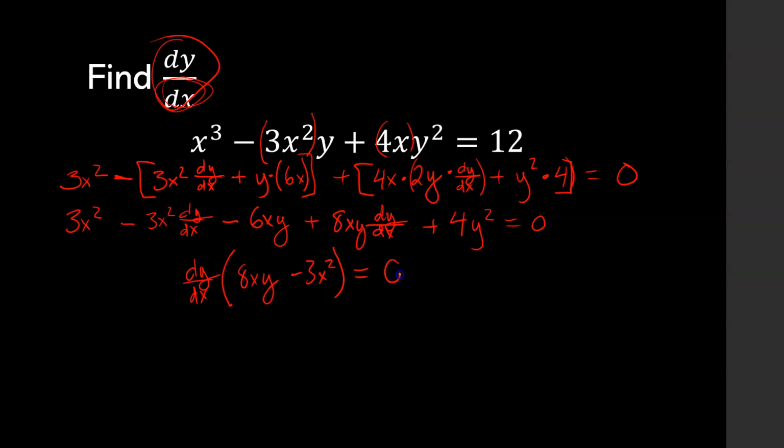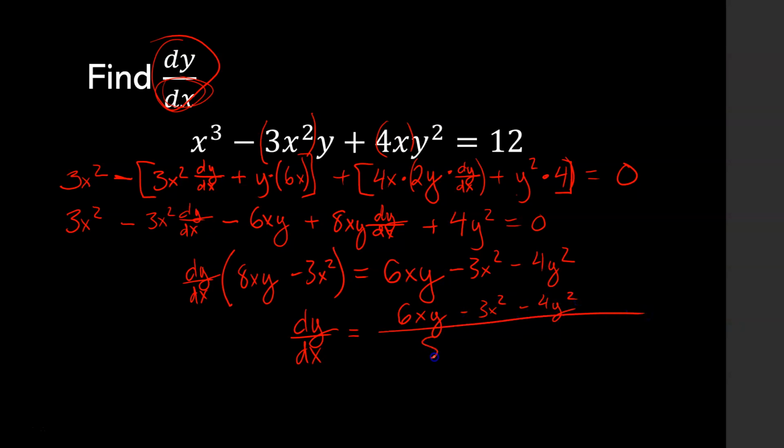And again, I'm going to try to make things look pretty, so I'll start with negative 6xy added to the right side becomes positive 6xy, minus 3x squared, minus 4y squared, and then we have to solve for dy dx, which is everything we used to have on the right-hand side of the equal sign, divided by 8xy minus 3x squared.